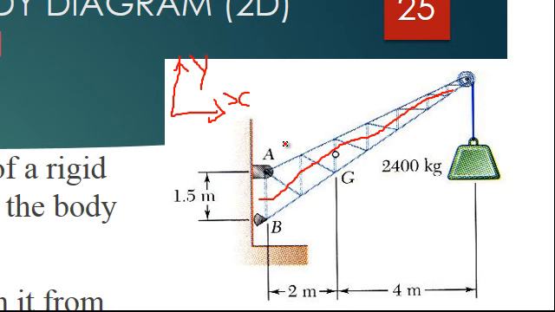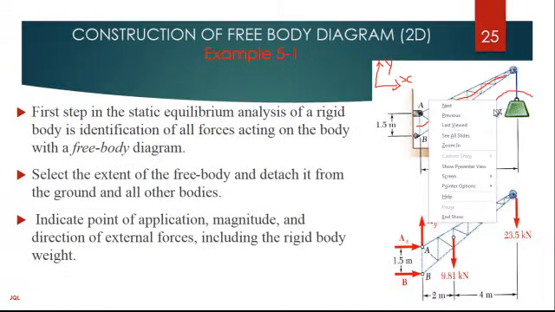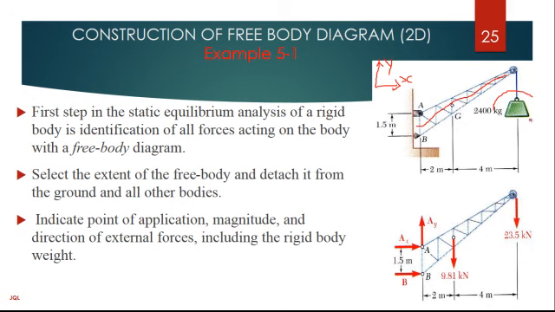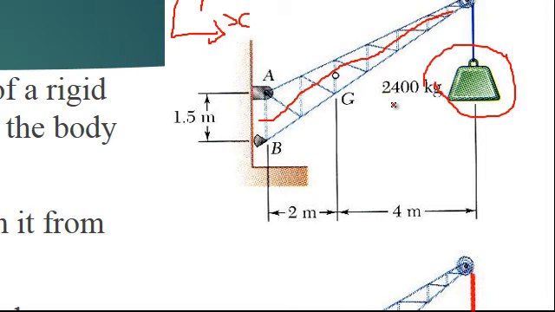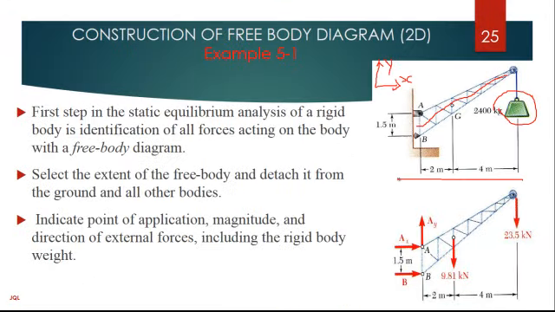Or maybe that 2,400, no, that 2,400 is for the load. Yeah. So you do the same, you multiply that 2,400 times 9.81 and the mass of the member. Then this is how your free body diagram looks. You only put necessary information, such as the dimensions between the forces.